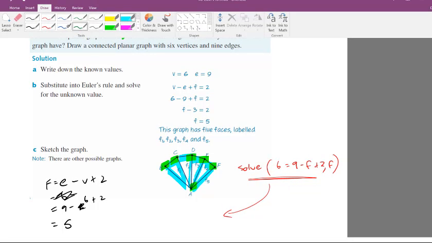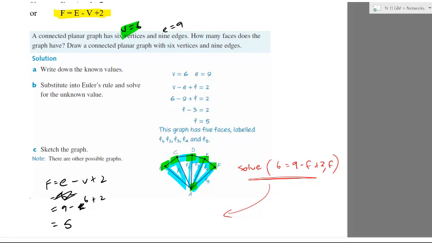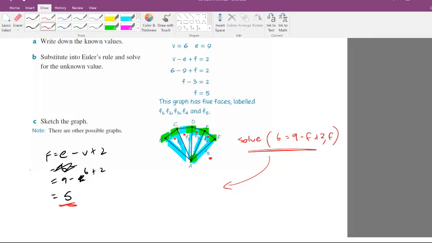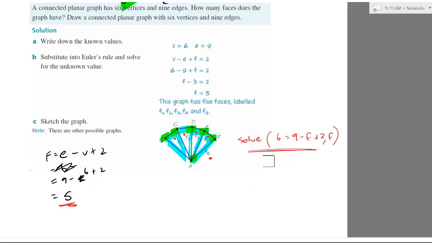And if we count the regions or faces, 1, 2, 3, 4, and the outside one is classified as 5. So it all works. You could have also used solve in the calculator like the following. Solve 6 equals 9 minus f plus 2, comma f.